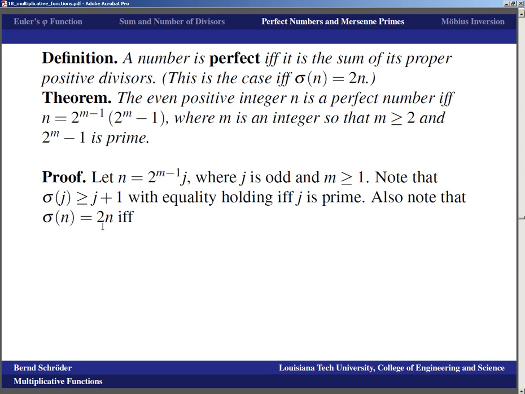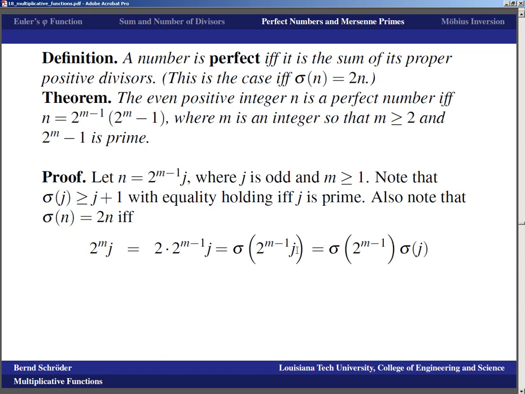Also, we want to note that sigma of n is equal to 2n if and only if, well, okay, we already knew that, so this is just another way of saying that n is perfect, and that's the case if and only if, looking at 2^m times j, which is sigma of n, that's 2 times 2^(m-1) j, which is sigma of 2^(m-1) times j.